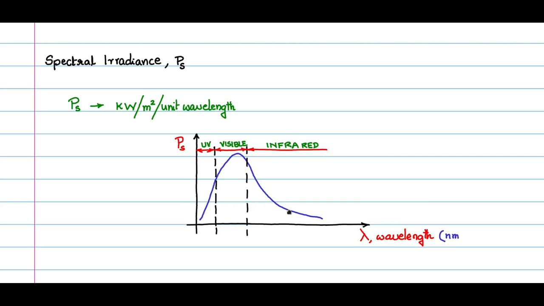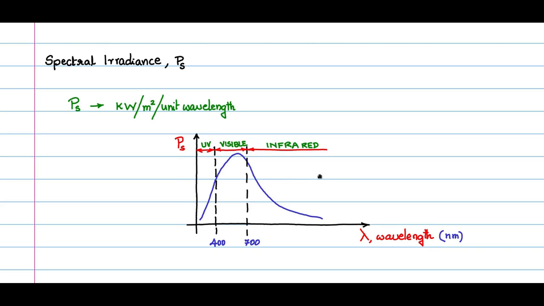Importantly, if I denote the wavelength in nanometers, nm, the UV region is approximately up to around 400 nanometers. 400 to around 700 nanometers is the visible spectrum.